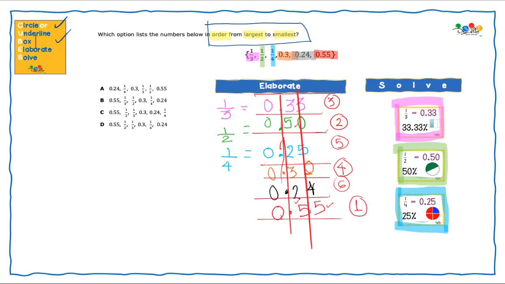Okay, so let's start comparing our numbers. The first largest is 0.55, and that's not in my letter A, and that's okay on B, C, and D. Awesome. So we did this one. The second largest should be 1/2, that is the same as 0.50. So I should scratch out choice A, right?